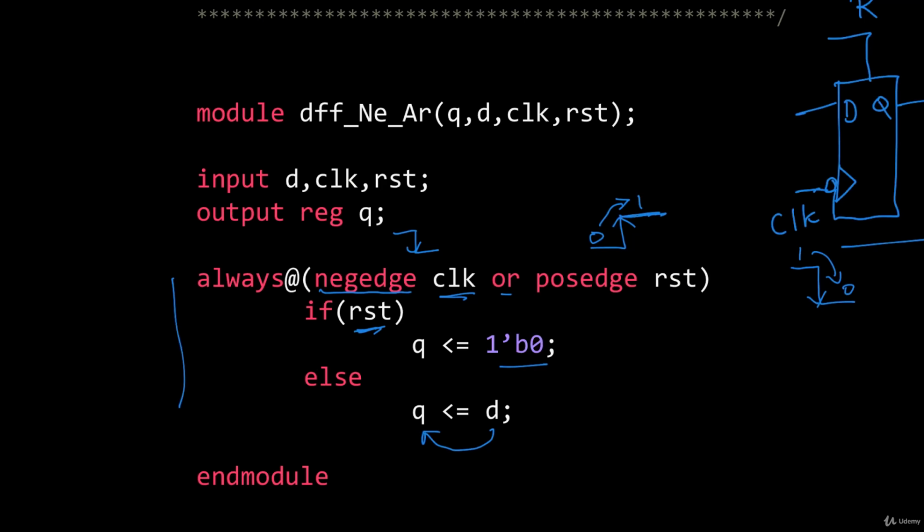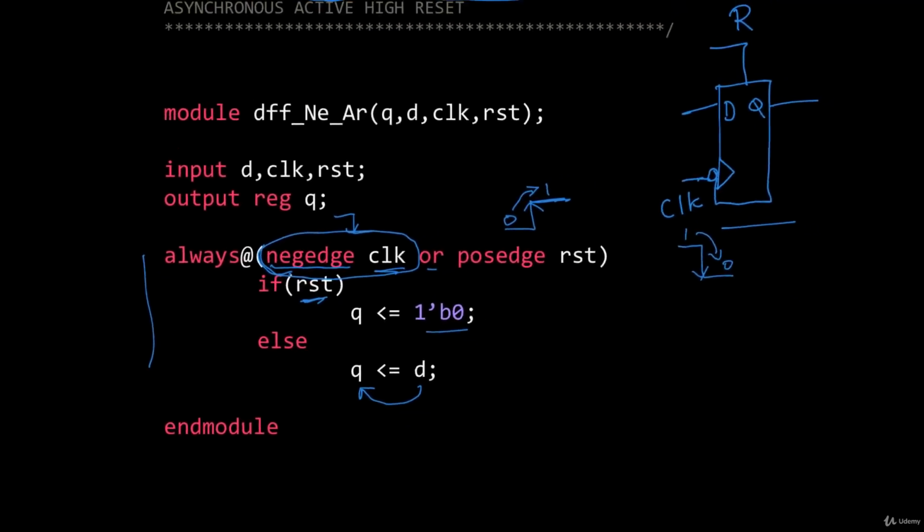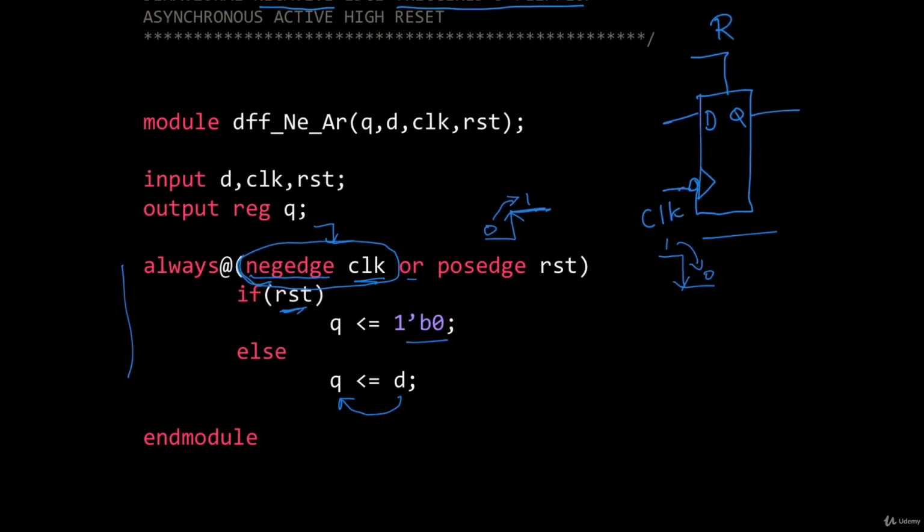In real life, we use negedge clock as the most common clock, negedge triggered D flip-flop, for the reason that if you have a positive edge triggered D flip-flop, all that you want is a value to go from 0 to 1, even for a short while.